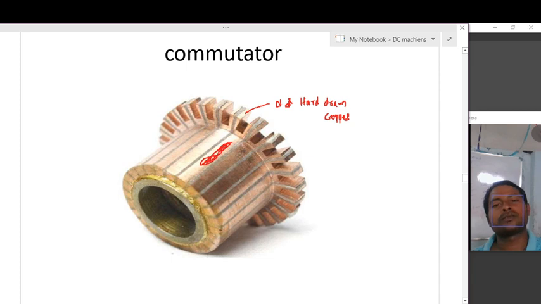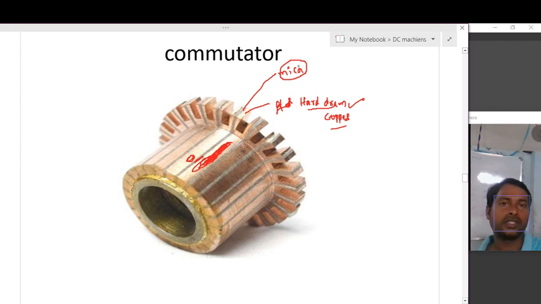These are the materials used to construct the segments, and each segment is separated by an insulating material called mica. This insulating material will not allow current to flow from one segment to another.